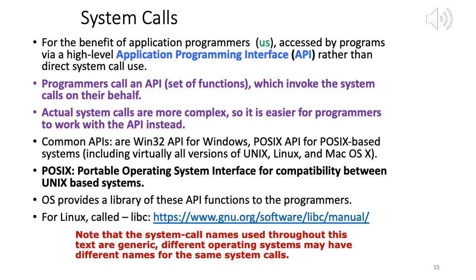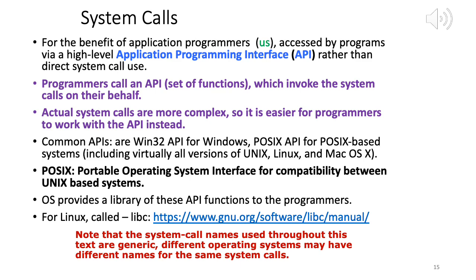The OS provides a library of these API functions to programmers. If you want to find out more about these API functions, which in turn invoke the system calls, you can visit gnu.org/software/libc/manual. Here you can see a list of all APIs, very detailed.